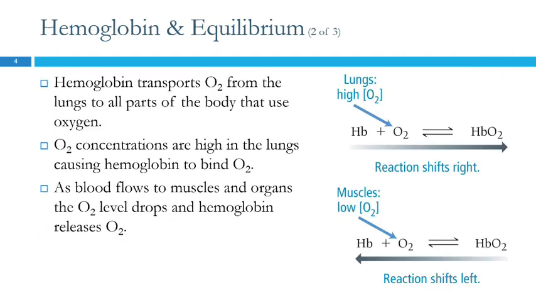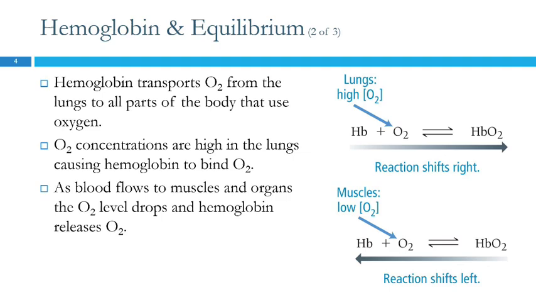So in your lungs, you have a relatively high concentration of oxygen because you're breathing in fresh air. So the hemoglobin in your blood is exposed to this high oxygen concentration. The reaction shifts to the right. As the blood flows into your muscles where the oxygen concentration is lower, lowering this concentration causes the reaction to shift to the left, and the hemoglobin releases the oxygen.